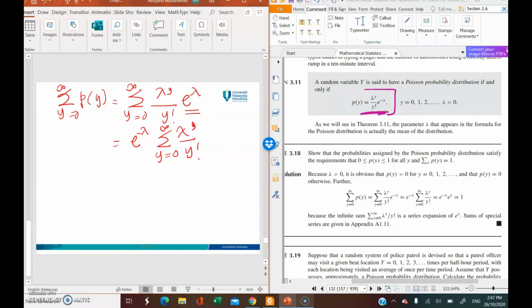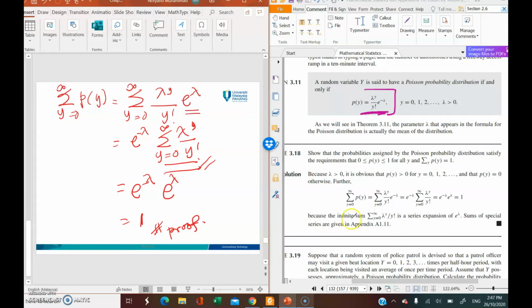Okay, now what is this one actually? This one is also e to the power lambda. This is by theorem. So if you multiply it, you get 1. So proof done.